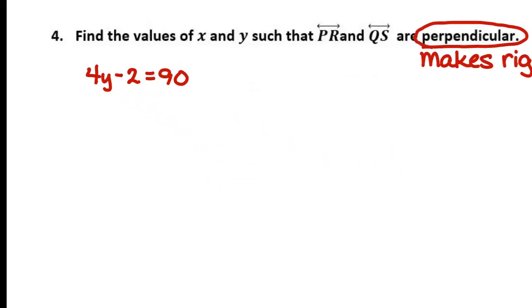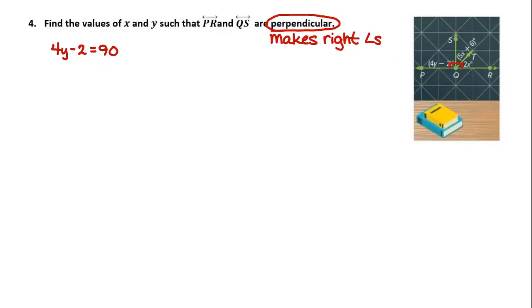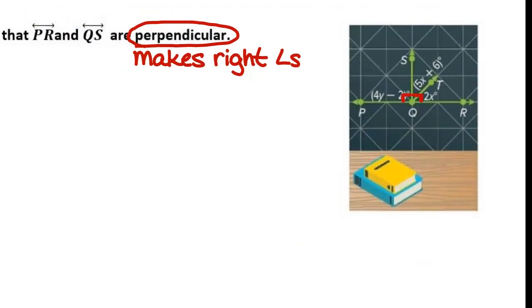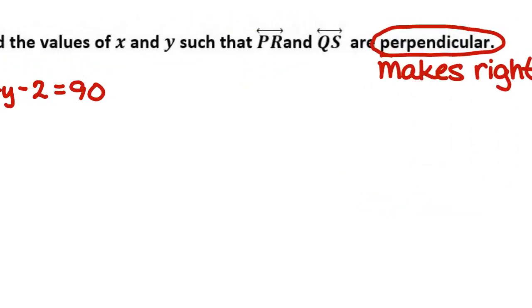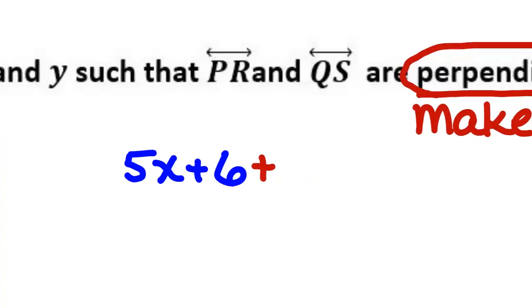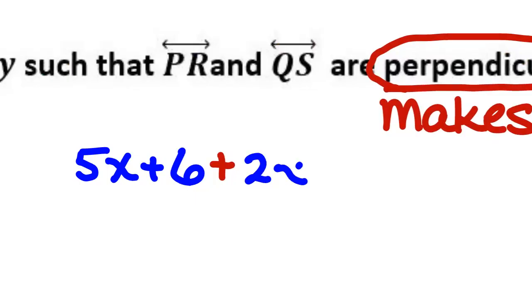On the other side, it's two smaller angles that you have to put together to get the 90. So we would have 5x plus 6 plus 2x equals 90.